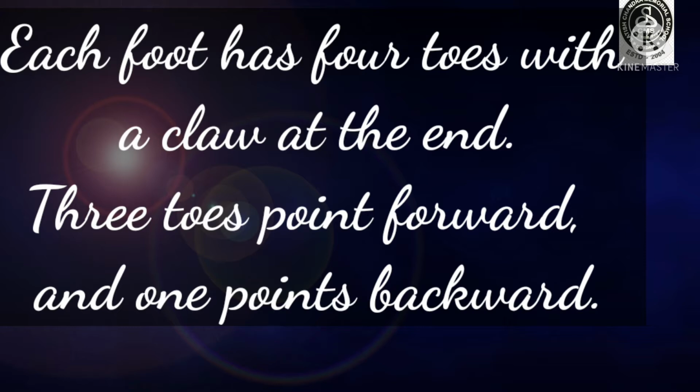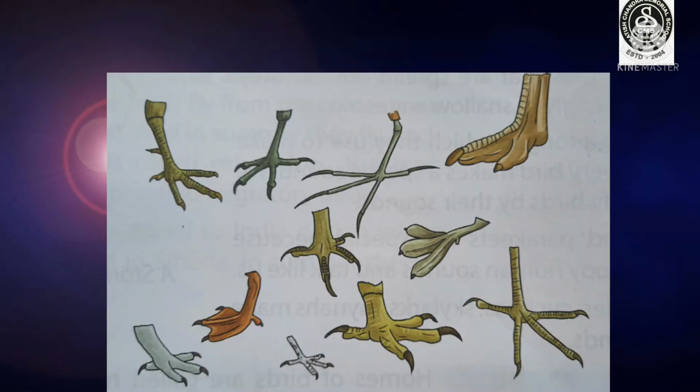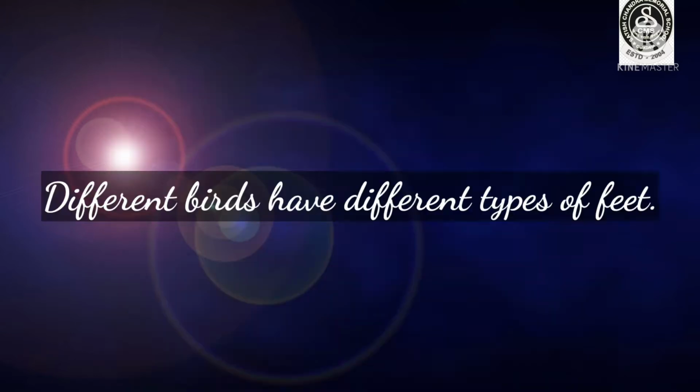How many are there? 4 toes, 3 in the front and 1 turns toward the backward. Different birds have different types of feet. All birds are not having the same type of feet.